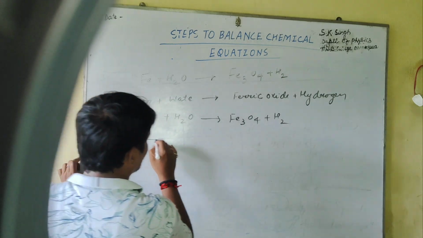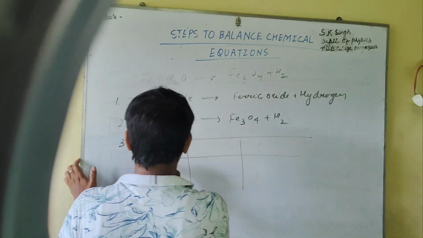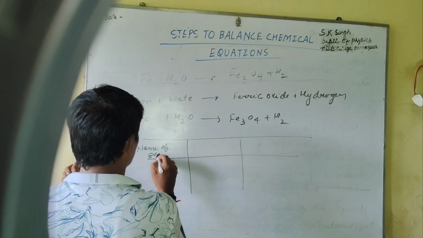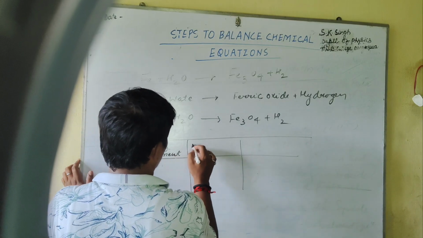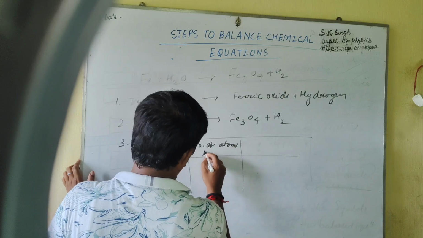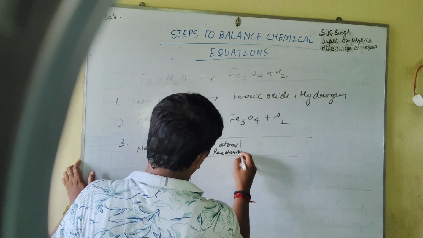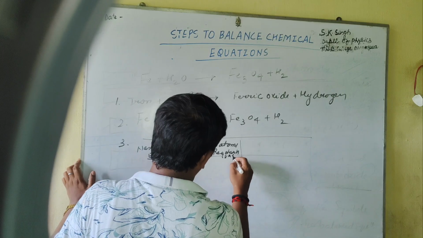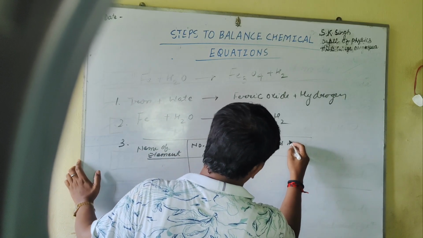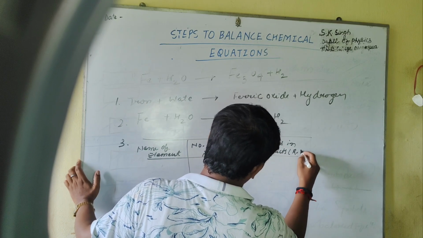In the third step, as we understand, draw the table: name of element, number of atoms in reactant, LHS, number of atoms in products, that is RHS.